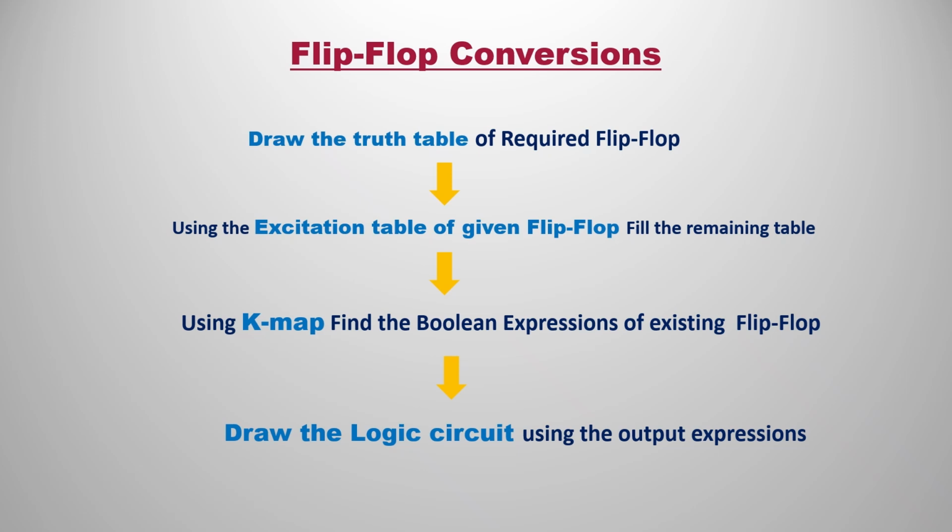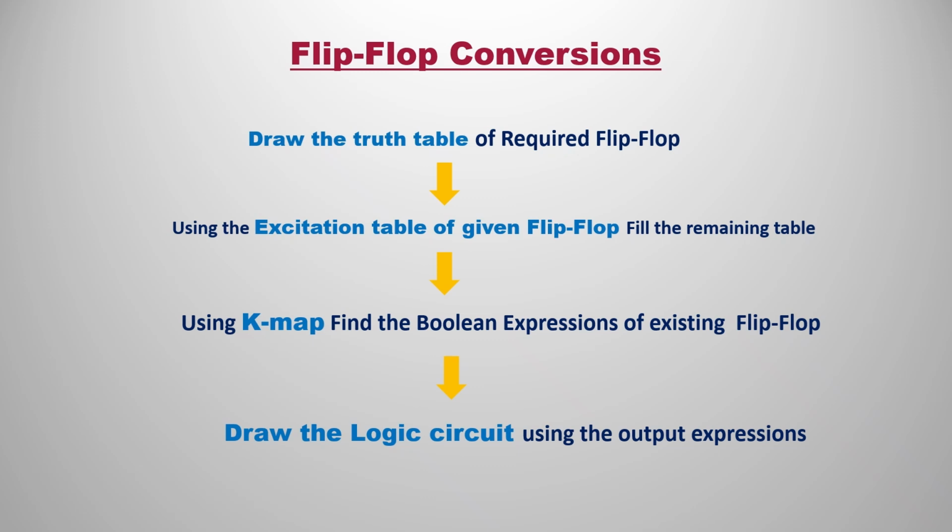Before seeing the flip-flop conversions, first we need to understand the rules, or the flowchart, the simple method that we are going to follow for the conversion. The first step is to draw the truth table for the required flip-flop. Here we are going to convert from SR to JK, so we start with the required JK flip-flop truth table.